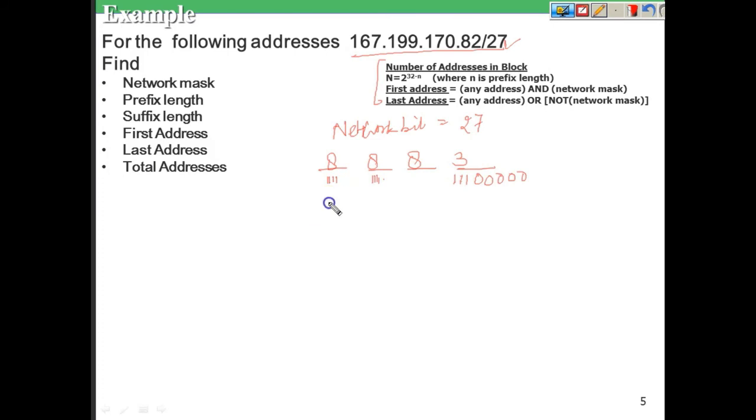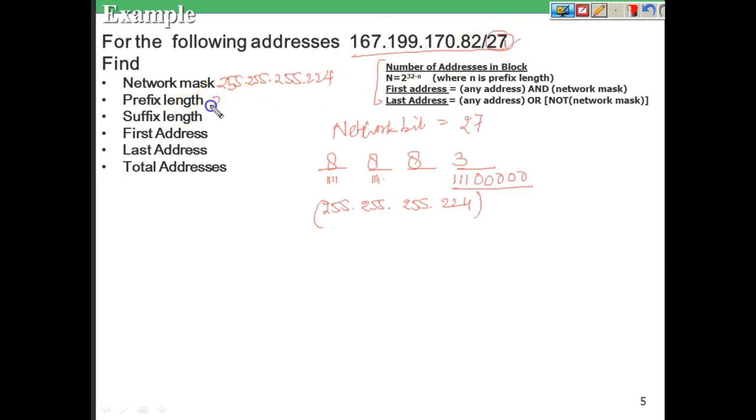So what I get is 255.255.255, and if I find this binary number, it will be 224. So this is my network mask. You can write here the network mask is 255.255.255.224.